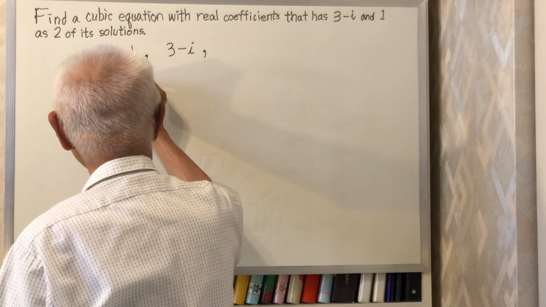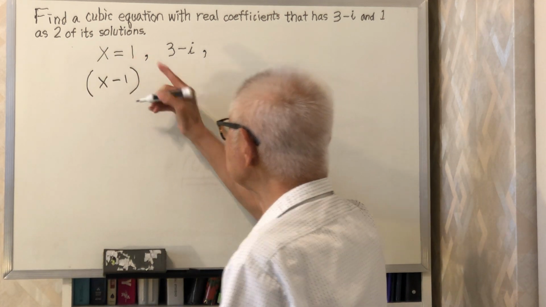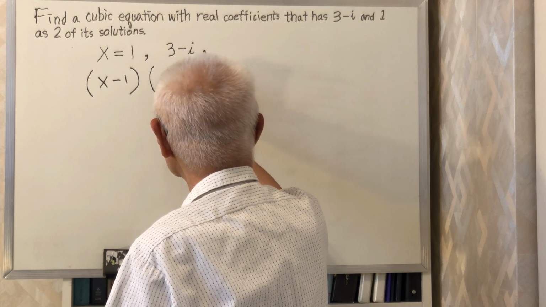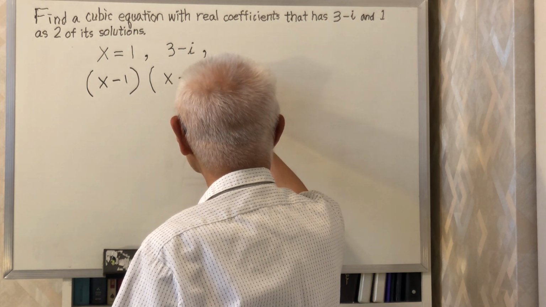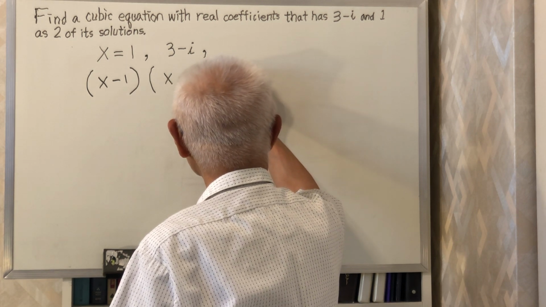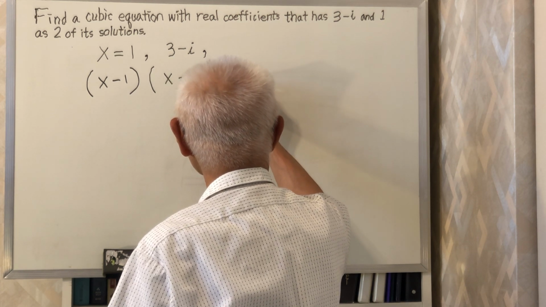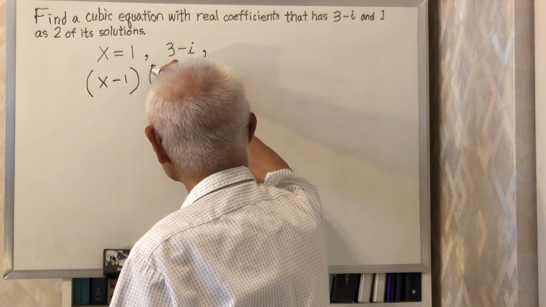x minus 1. This gives you one solution, and the second solution is x minus (3 minus i). 3 minus i is my second solution. So I better write this as a square bracket.